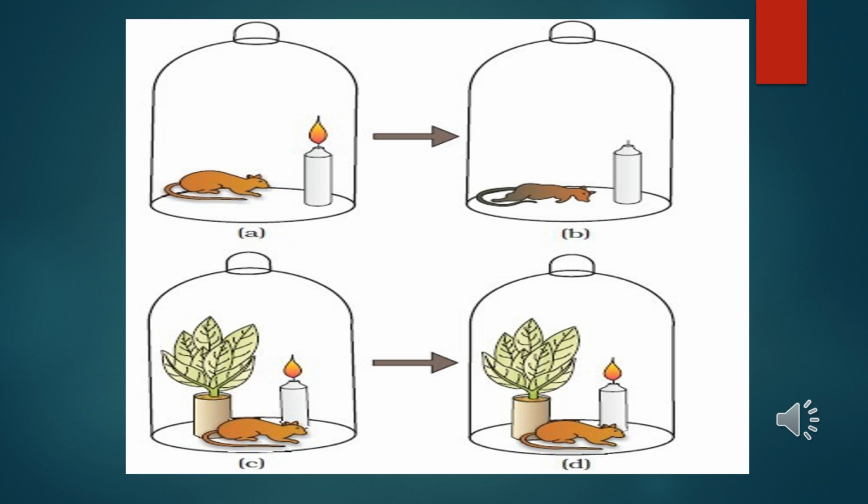How can this happen? The candle needs oxygen for burning and it gets it from the mint plant. The mouse also needs oxygen, which the mint plant is giving. They both give out carbon dioxide, and the mint plant needs carbon dioxide for photosynthesis. So all three are alive.